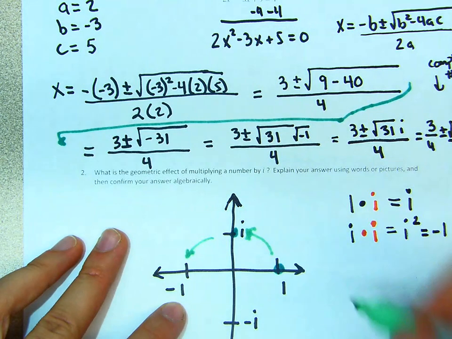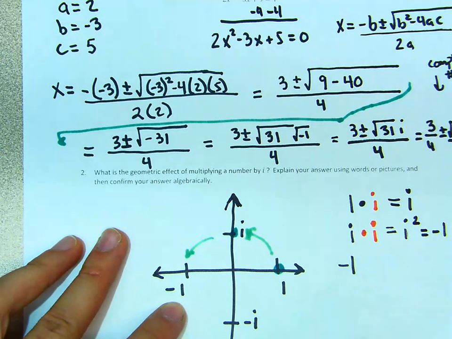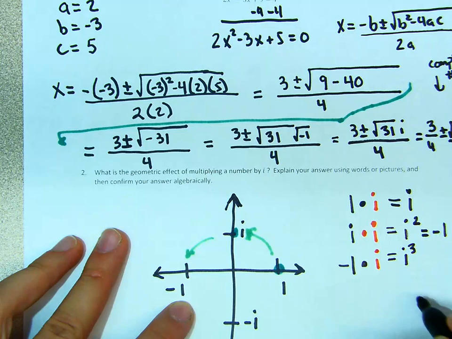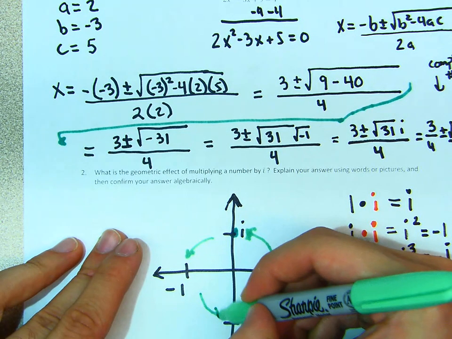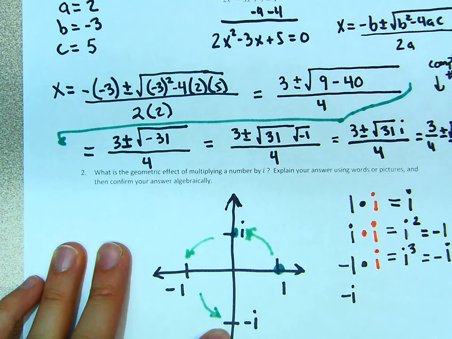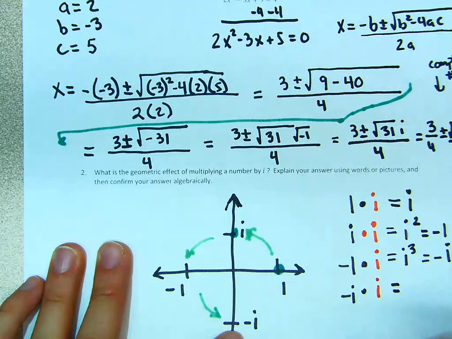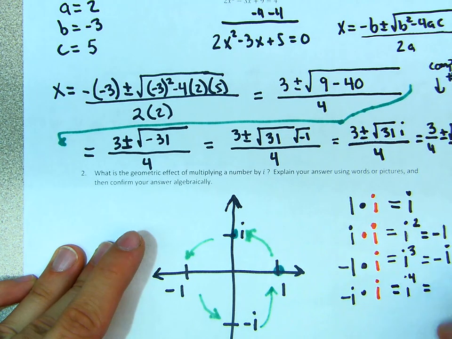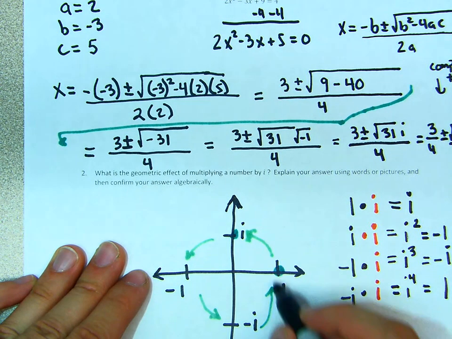And then what happens when you do negative 1 times i? You are i cubed, but that's equal to negative i. Here I'm going this way. And what happens if I'm negative i times i, I am i to the 4th. And now where do I go from here? Then I go back to 1. Okay? You're making this rotation around.